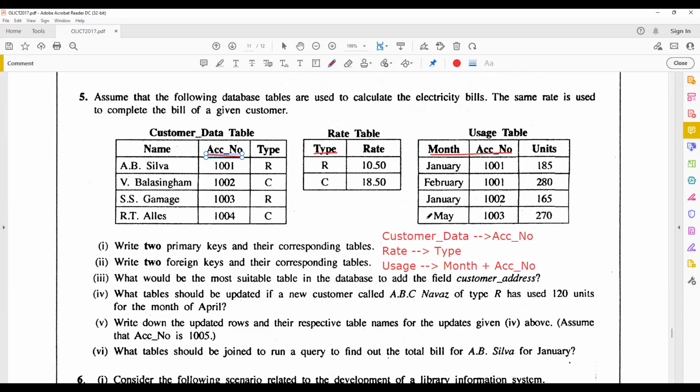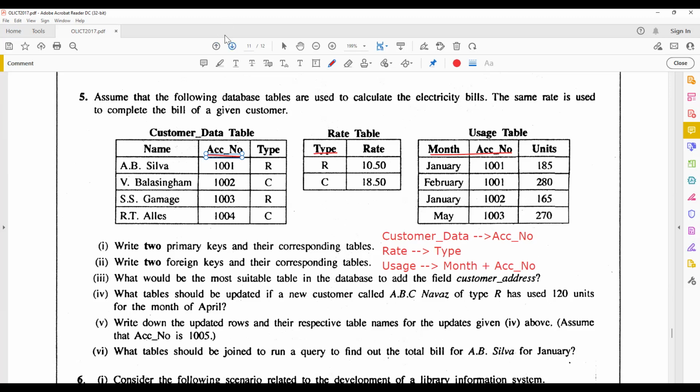We can see the type is a foreign key. Why do you say foreign key? Because if you take these two tables, these two are common. And this refers to the primary key of the rate table. So this is a foreign key.